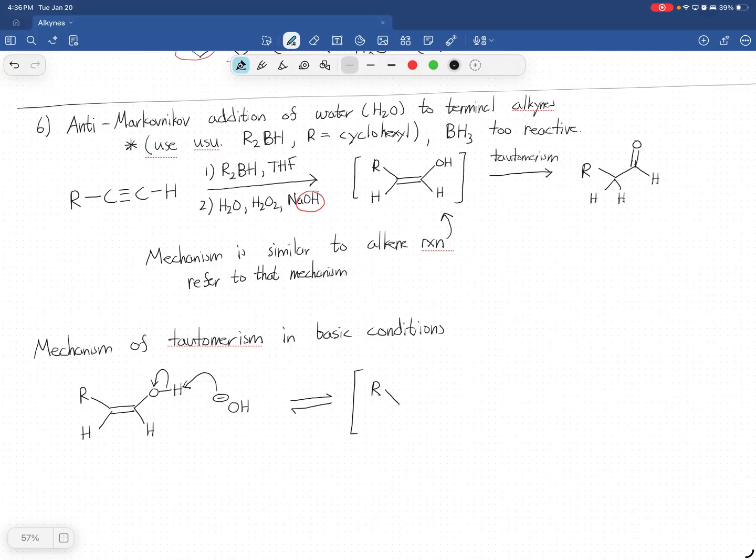So what happens here is you get two different groups here. Okay. H, O minus. All right. Well, we have to somehow form that double bond. So what can we do with this oxygen?